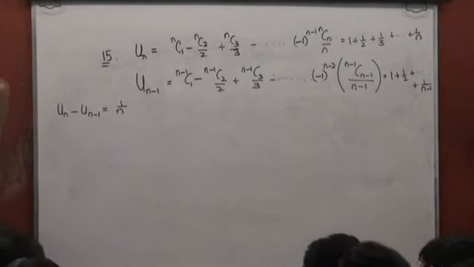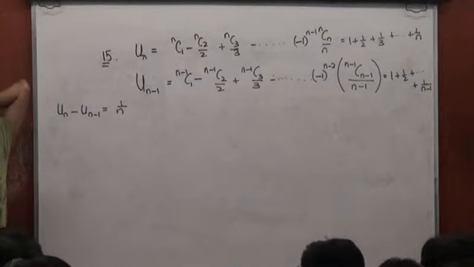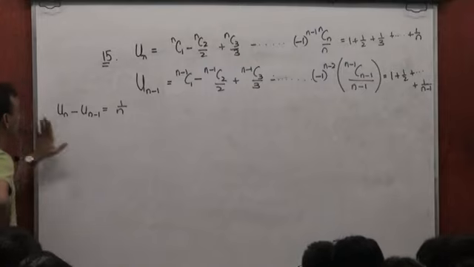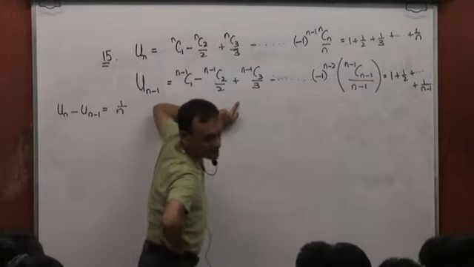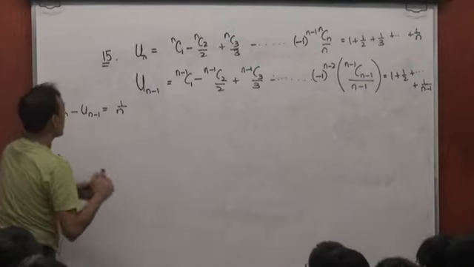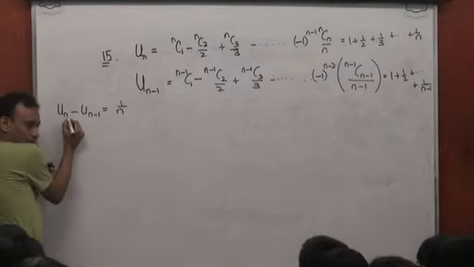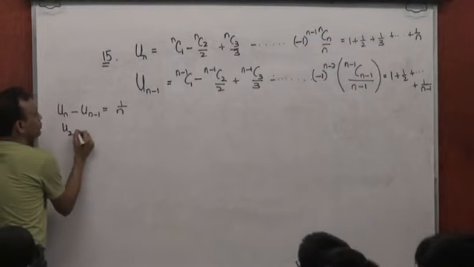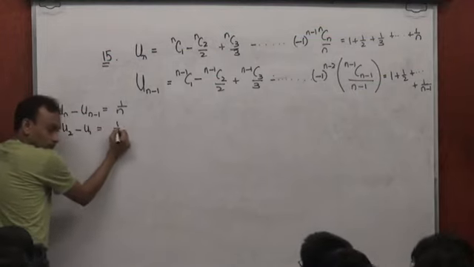if I can establish that un minus un minus 1 is 1 by n for all n, then see what happens. Plug in n equal to 2, for example. I have u2 minus u1 is 1 by 2.